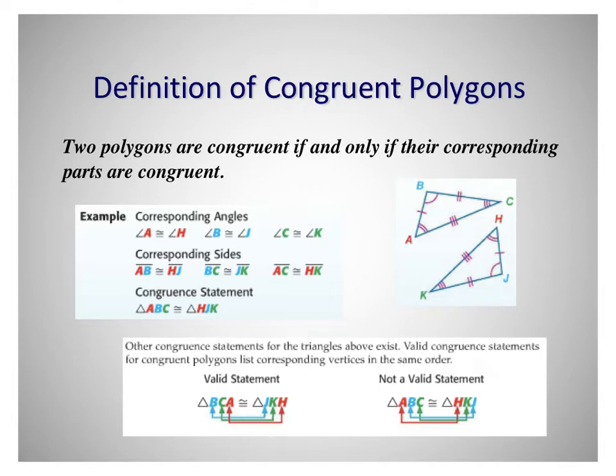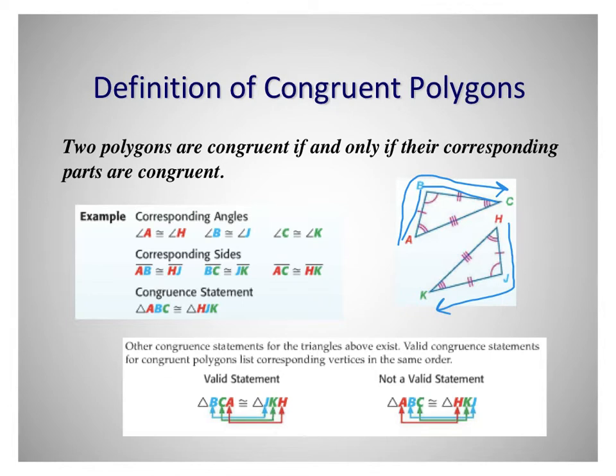So for example, this first congruency was written triangle A to B to C. So the order, I like to think, okay, I traveled down the one tick mark path to two tick marks. So then when I write my second congruency, I have to do that exact same thing. One tick mark to two tick marks. So here it would be HJK.